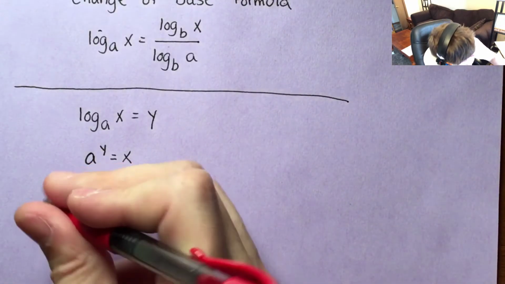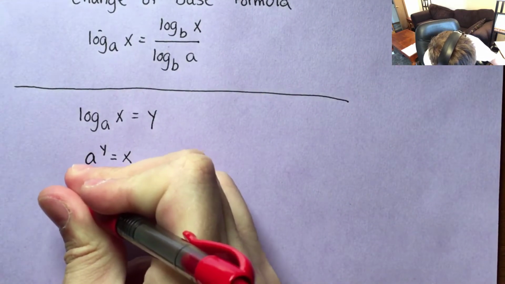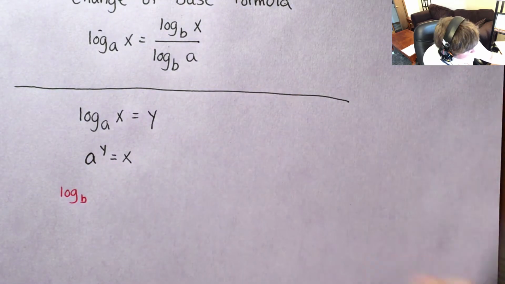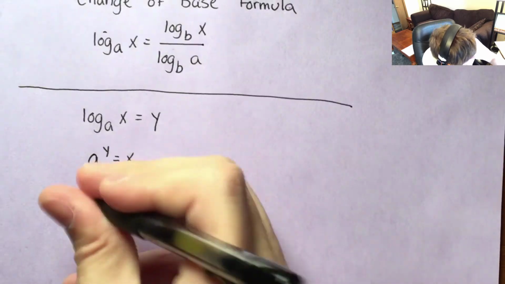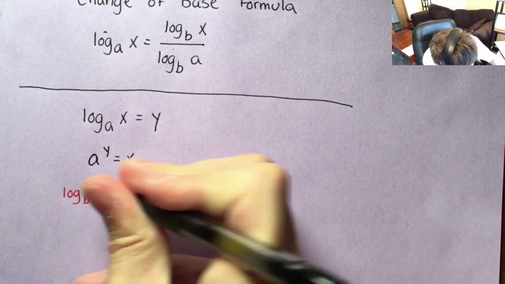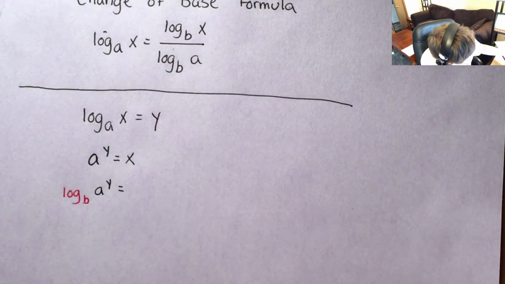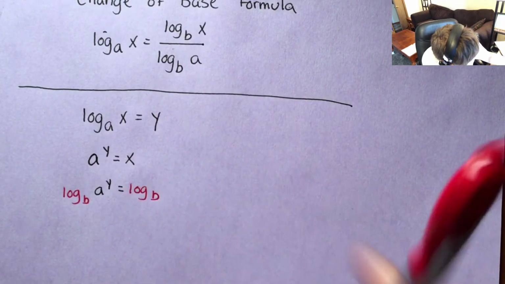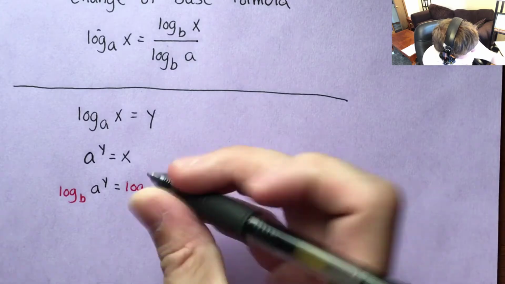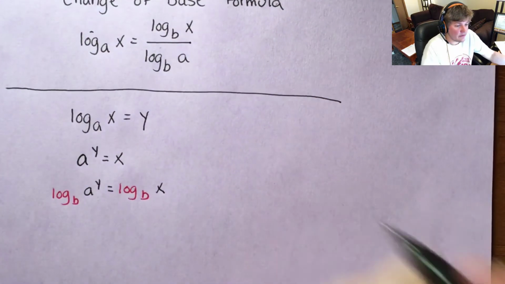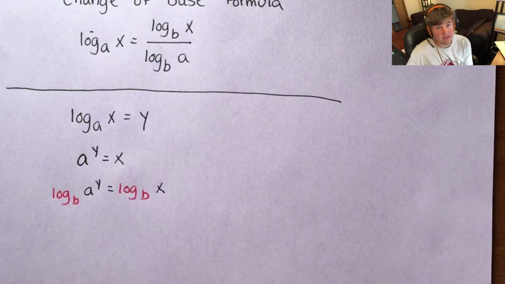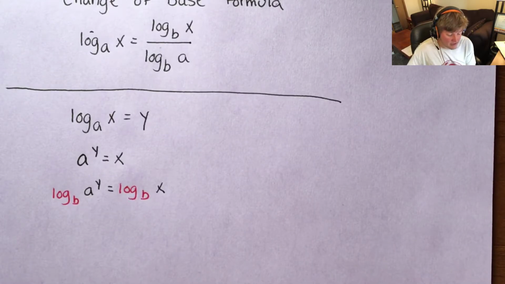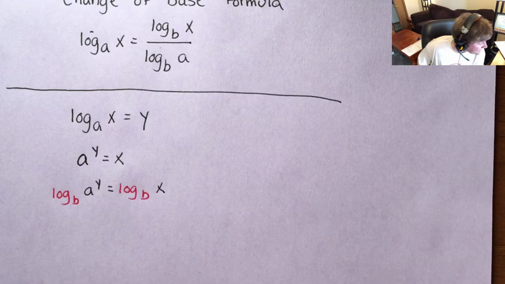Okay, so let's just take logarithm base b of each side. If I take logarithm base b of a to the y power, I will also take logarithm base b of x. You can basically take a logarithm of any base to each side and it remains that same equality, just like if you were to add or multiply each side by a variable.